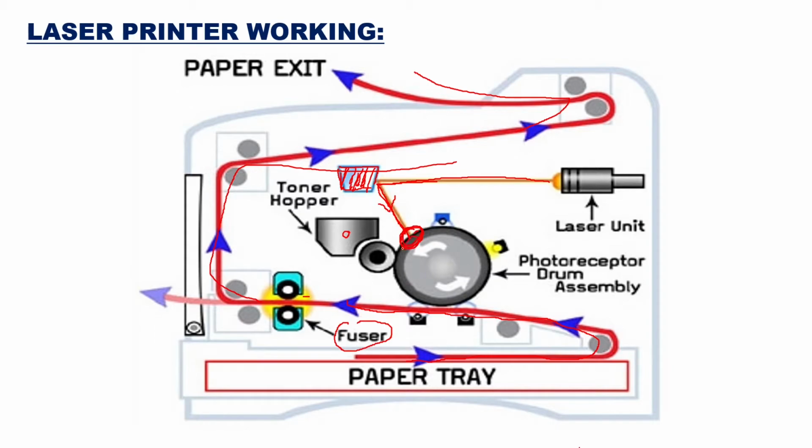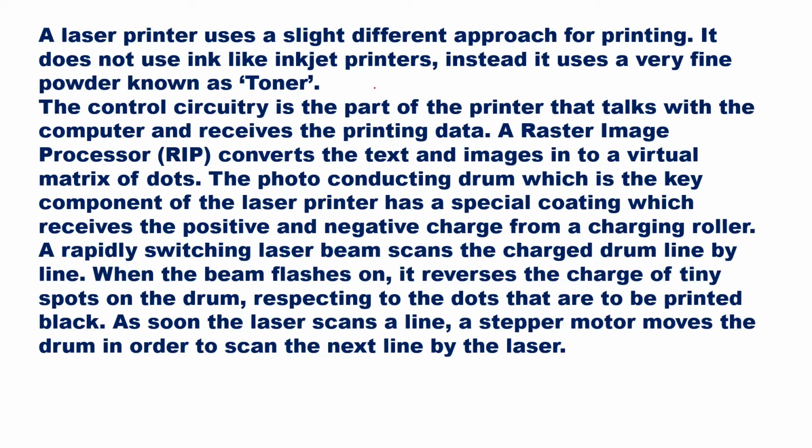Then the drum will make use of the toner material, that is the ink or powder, which will make an impression of the same image on the paper by heating and fusing that ink onto the paper, and it will be printed. The paper will come out of your printer after the print. So, as an example, we have shown laser printer working. A laser printer uses a slightly different approach for printing.